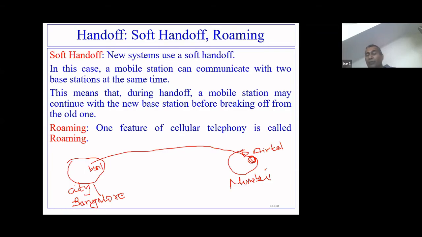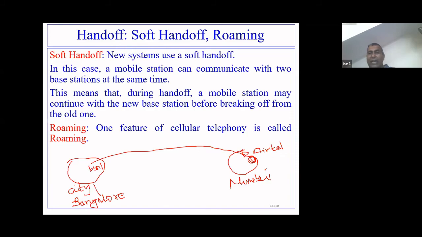Now here, there will be an understanding amongst all the service providers that if my service is not available in a particular part of the nation, the handoff should happen to another service provider. And of course, for that an extra charge is given.